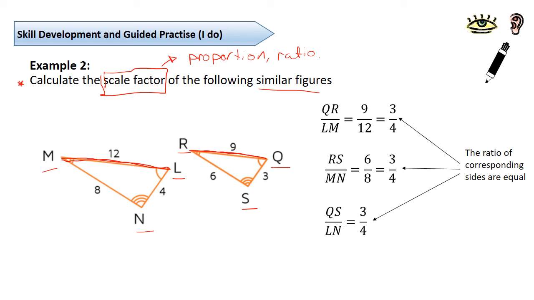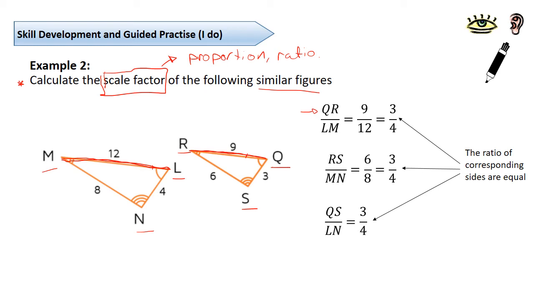If triangle LMN was shrunk down, this top side matches this top side. Or put more eloquently, LM corresponds to QR. That would be how we describe that mathematically. We're going to write that as QR over LM, so that's that little equation that we wrote before.